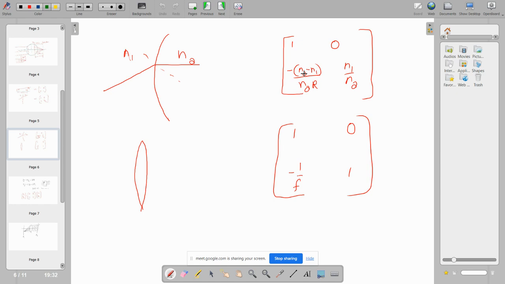The n2 should be 1.5, so put that 1.5 here. n1 is equal to 1 here, n2 is equal to 1.5, and the radius of curvature will give that, and you will get a particular transfer matrix for that value.